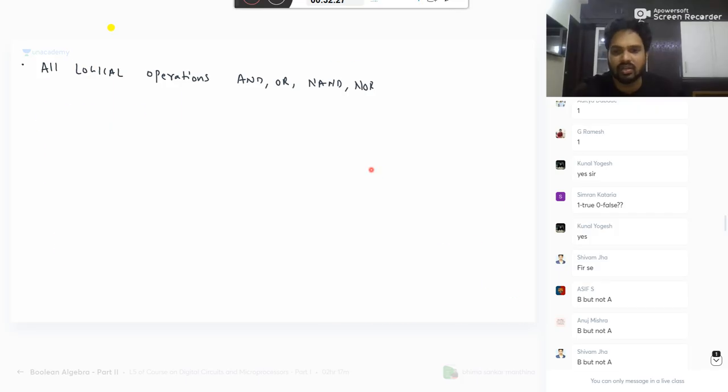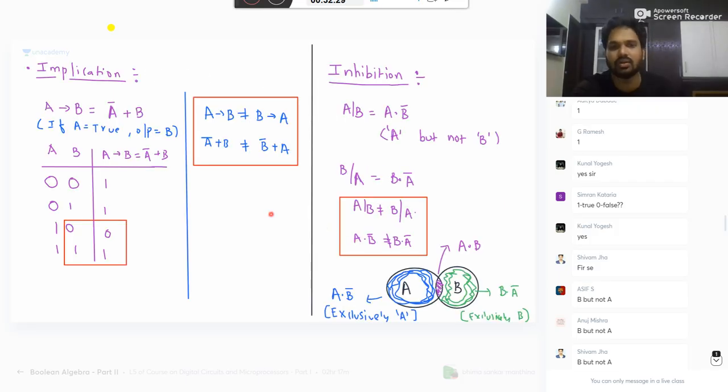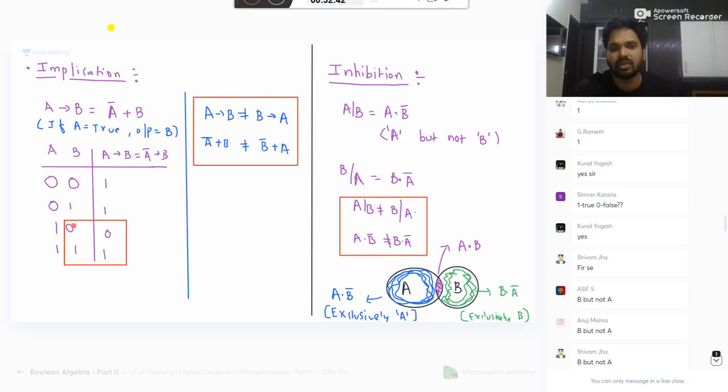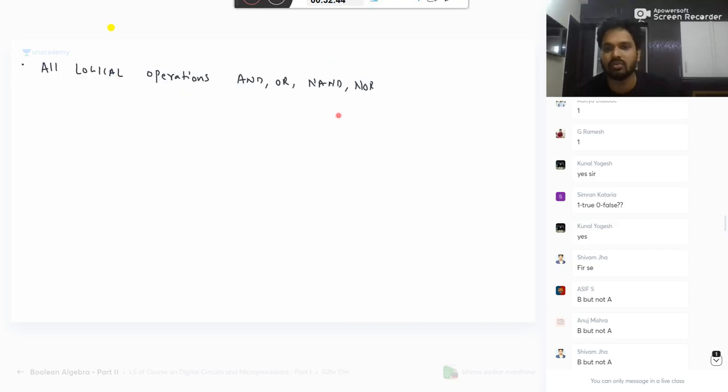Bhavesh, you can write it. What is there? Just multiply A into B bar. B is 0, so take 1. 0 into 1, 0 into 0, 1 into 1, 1 into 0. Only for 1 0 you get 1. Remaining all you get 0. A should be 1, B should be 0.